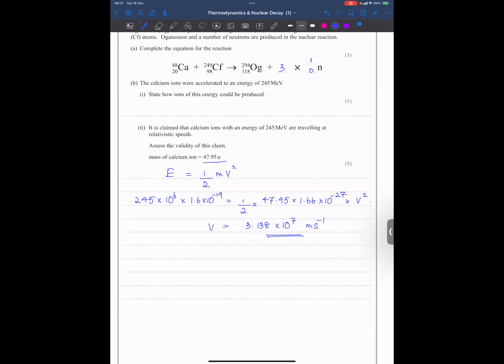So e to the power minus ln 2 over 0.89 into 2.5. 500 divided by that will be the answer, N naught equals. I'm getting 3,504 atoms. Are you getting that?